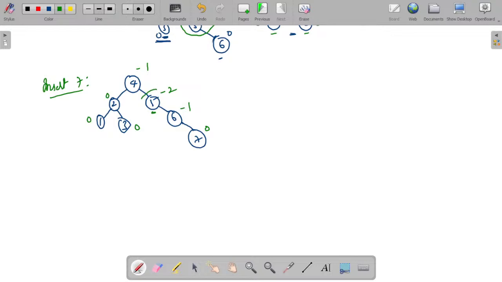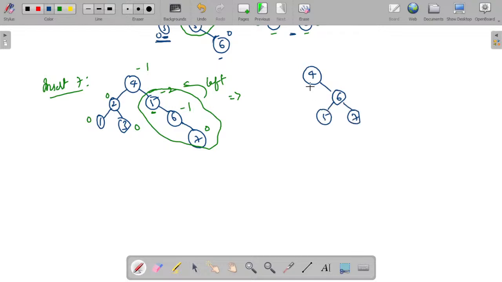So the affected node with balance factor -2 is 5 if you go from bottom to top, and first we have to perform the rotation there. Okay, so what rotation should we perform? We should perform a left rotation. Now we will see how the tree gets updated: 4 stays as it is, 6 goes up, and 5 comes down, and 7 stays as it is, and we have 2, 1 and 3 connected as they are.